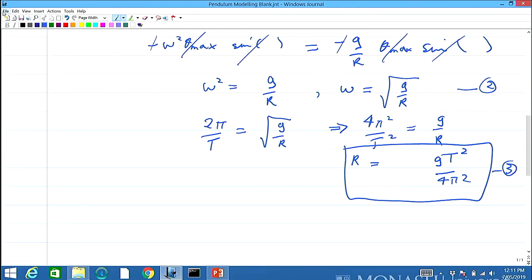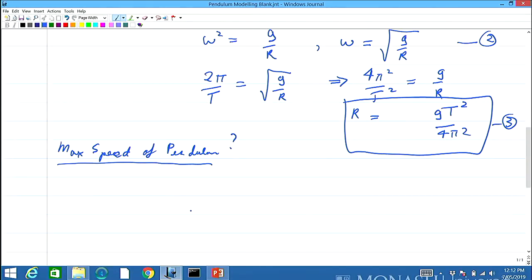At the bottom of the swing, the pendulum is going at maximum speed. Okay, so let's work that out. So what is the maximum speed of the pendulum? Once we measure that, we can then relate it back to our parameters, one of which is theta max. Okay, so let's have a look.